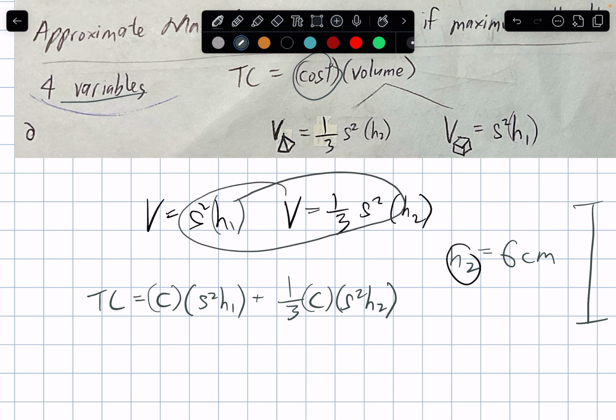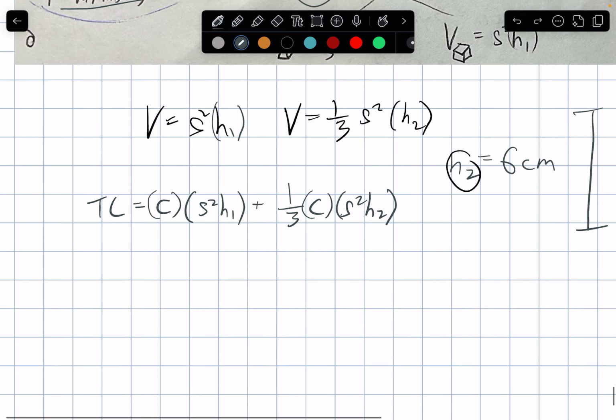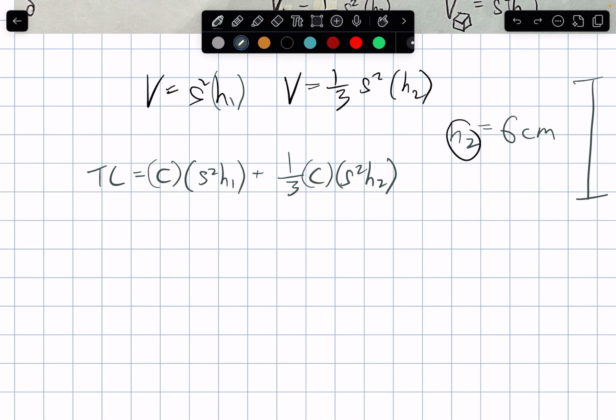Essentially, what I did was just multiply in each of these volume formulas the corresponding cost. And this time, since we are applying total differentials, we rewrite this in terms of, well, let me just show you.